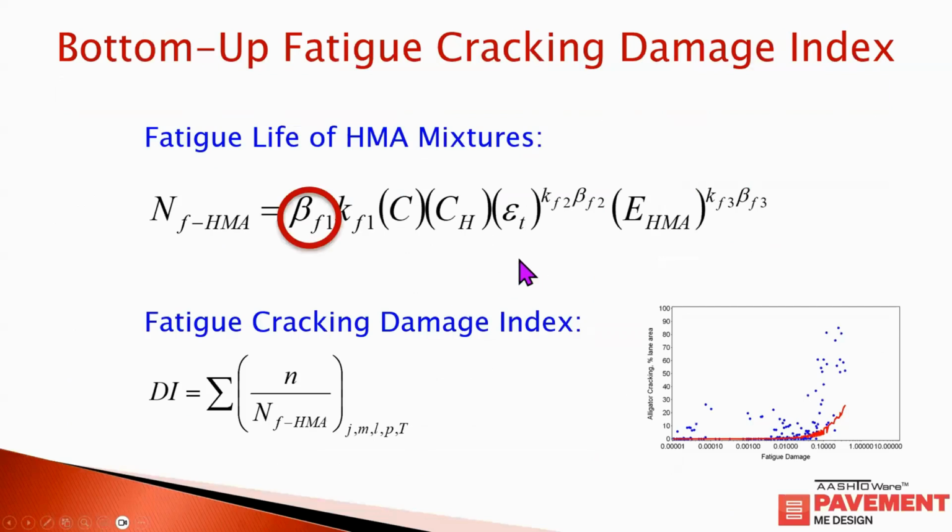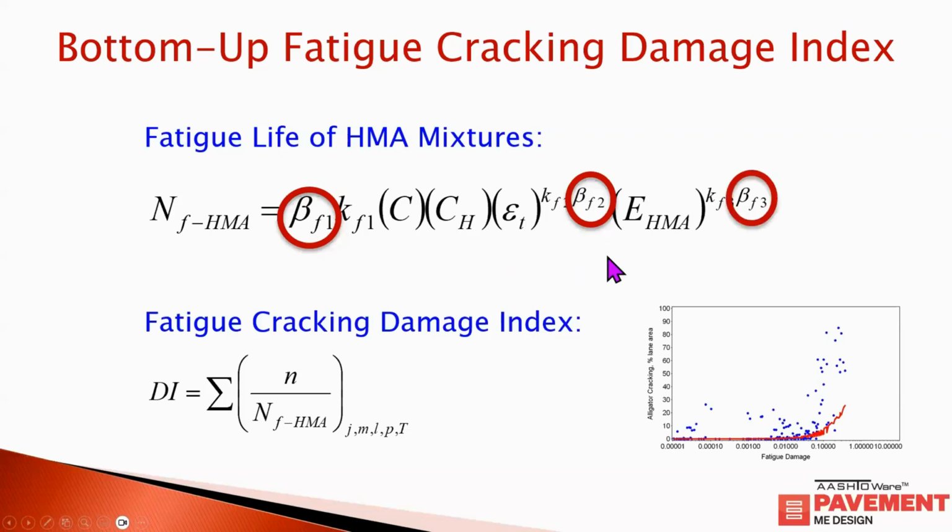Specifically, you have a beta F1, which is kind of called the intercept. If everything else goes to unity, then this is basically the intercept on the y-axis for the number of possible load repetitions. Then this is the tensile strain beta F2 coefficient.